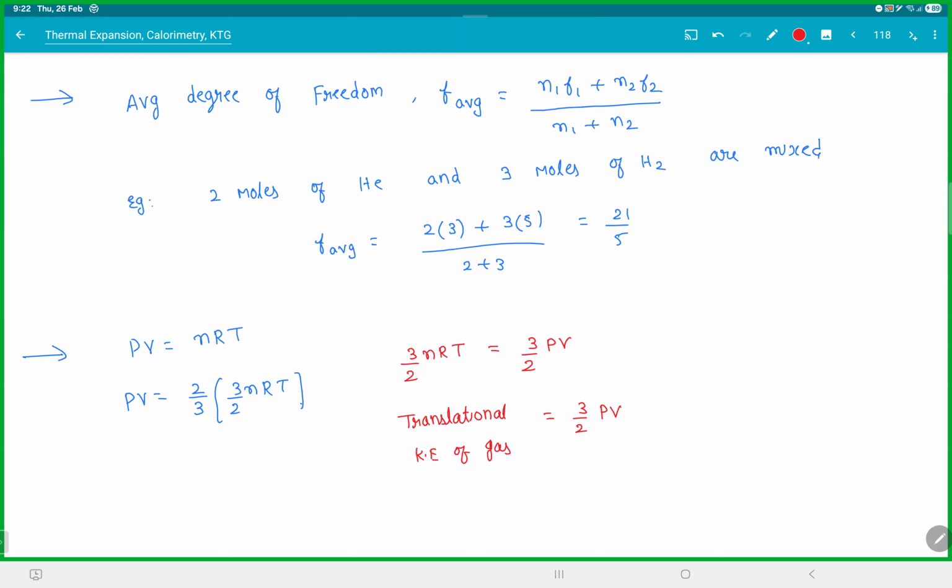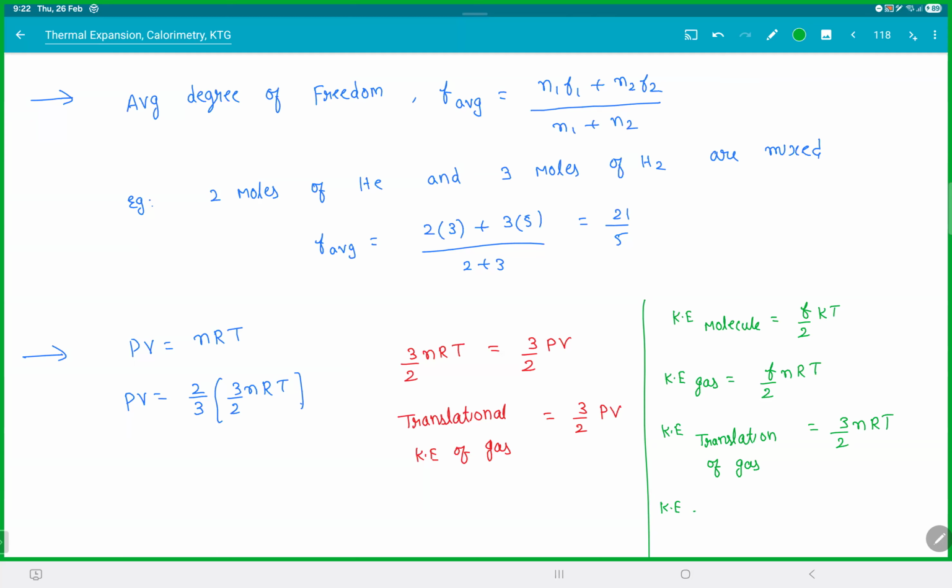Okay with this? So just to brief up all those things that we wrote, the formulas. Kinetic energy of a molecule, F/2 kT. Kinetic energy of a gas, F/2 nRT. Kinetic energy of translation of a gas, basically F becomes 3.